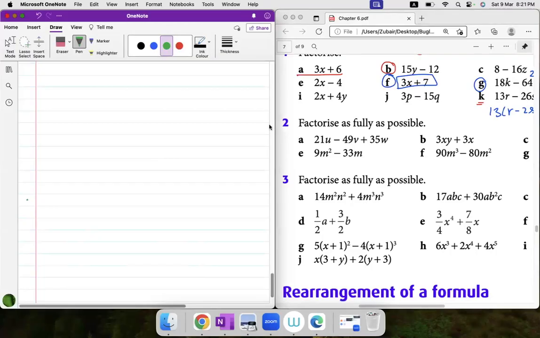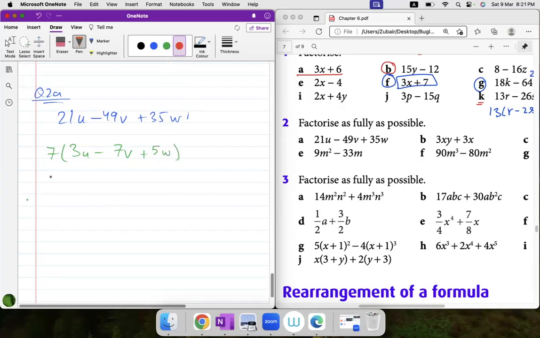So let's do these. Question 2A part. 21u minus 49v plus 35w. 7.